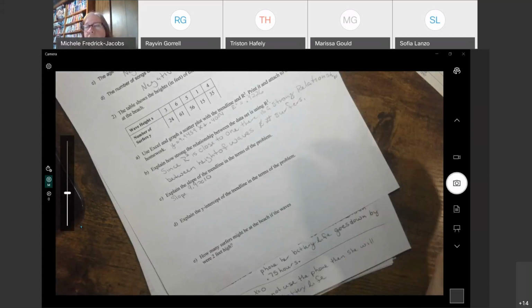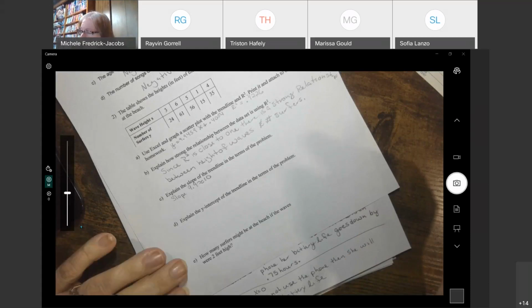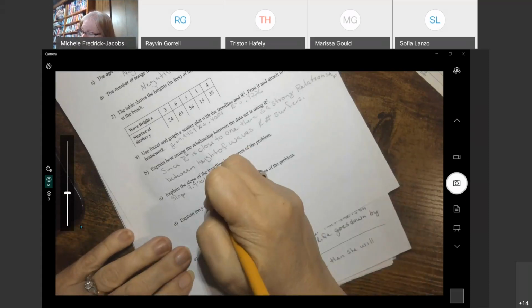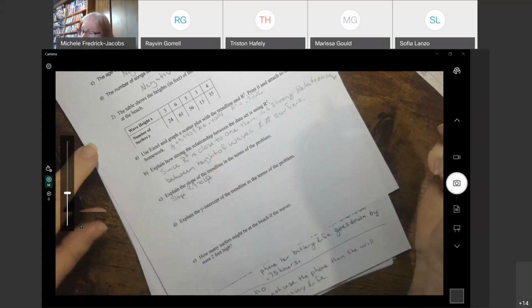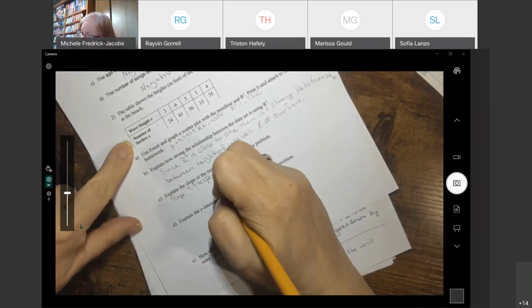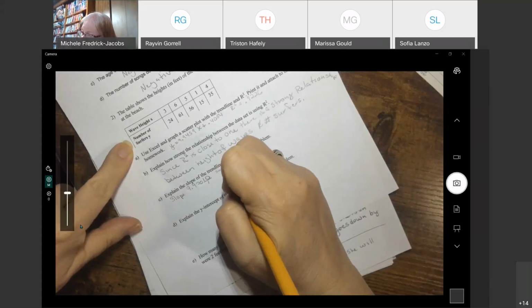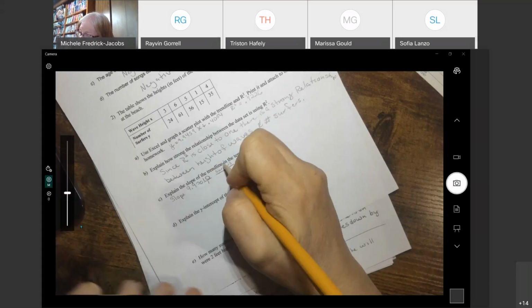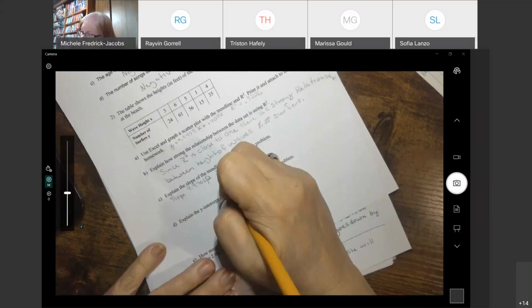Remember, slope is change in y over change in x, so we write it as a fraction. Our y was surfers, and x was height of waves.